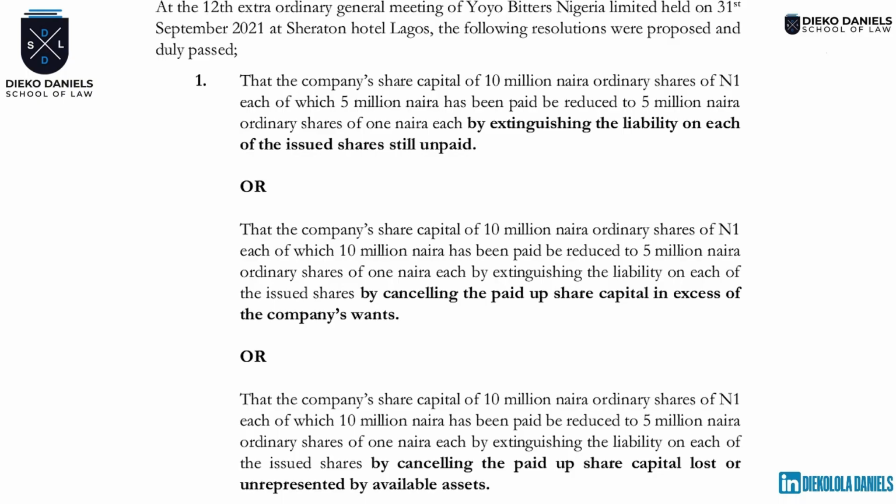So let us see if we can couch it. That the debt owed, which is ordinarily supposed to be 10,000 naira, of which 5,000 naira has been paid, be reduced to 5,000 naira.